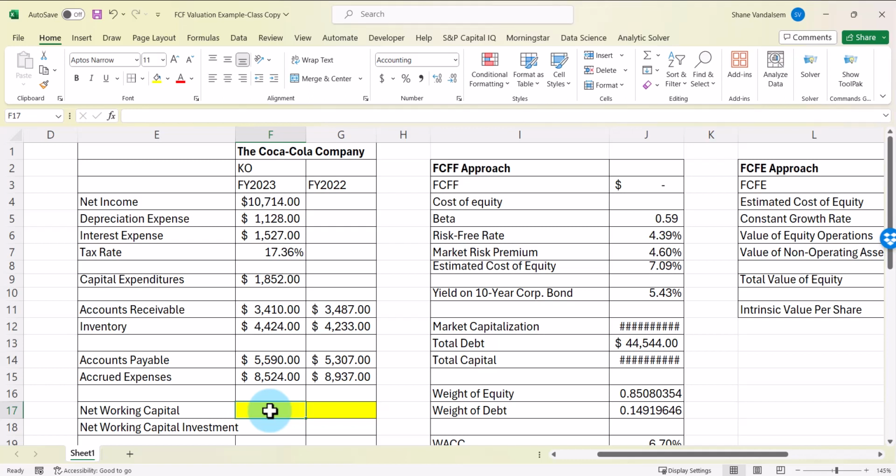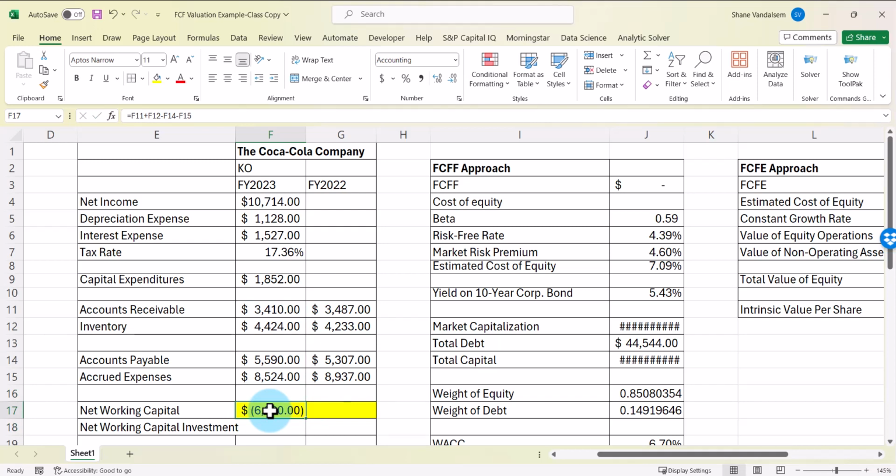The net working capital for a firm is equal to its accounts receivable plus its inventory minus accounts payable minus accrued expenses. And for Coca Cola, it's kind of strange because their net working capital is actually negative. This is because Coca Cola's been around a long time.